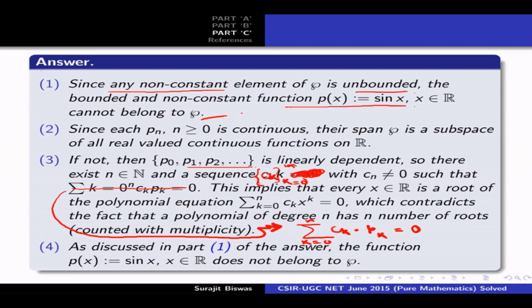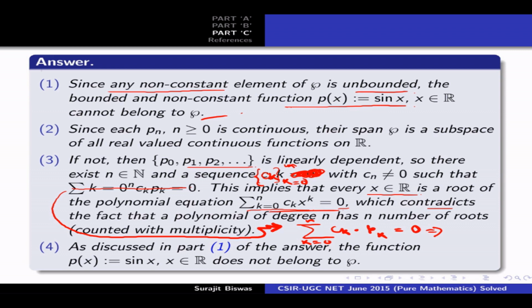This implies that for each x we have the sum from k equal to 0 to n of Ck times x to the power k equal to 0, and this means that every x belongs to R is a root of the polynomial equation, which contradicts the fact that a polynomial of degree n has at most n roots when counted with multiplicity.